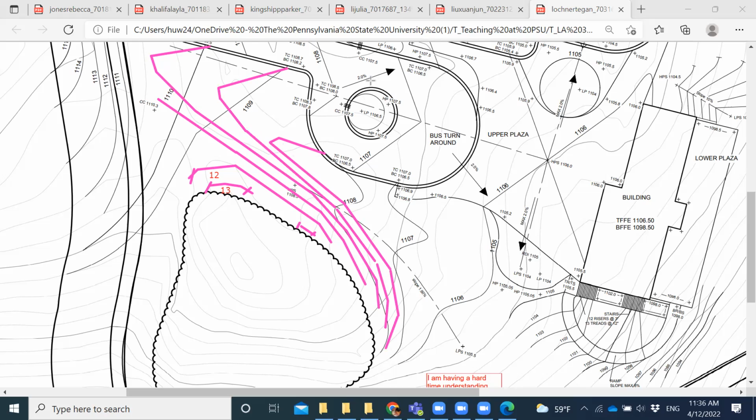Okay. So there is an issue. I think we're starting to get into the bioretention area now.